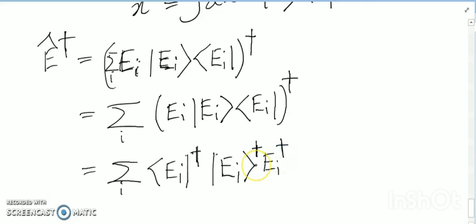The Hermitian adjoint of a bra is a ket, the adjoint of a ket is a bra, and the adjoint of a scalar is its complex conjugate.